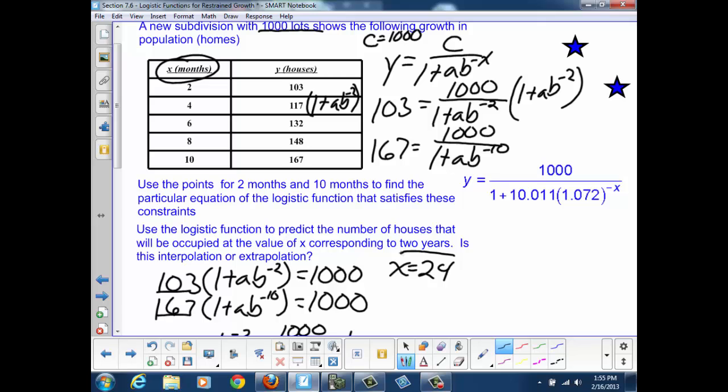So let's start by putting this equation into our calculators.